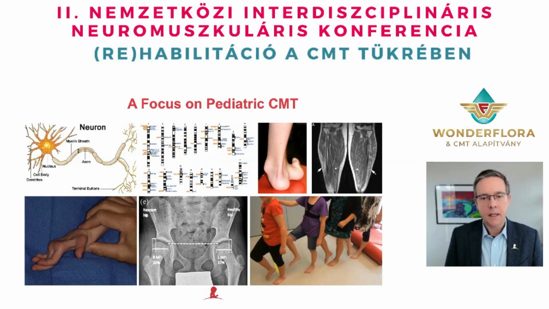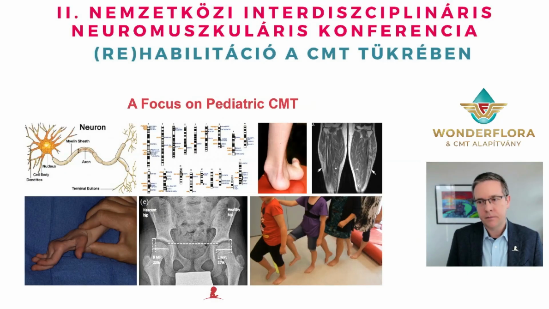It is a disease of the peripheral nerves, predominantly demyelinating and or axonal. And my area of interest in particular are the different clinical problems. So the really high arch foot deformity, which we know is due to muscular imbalance.